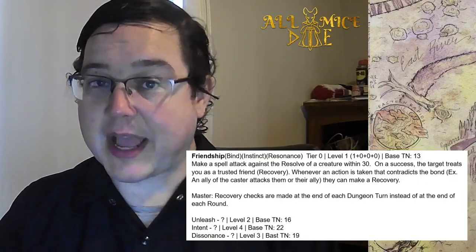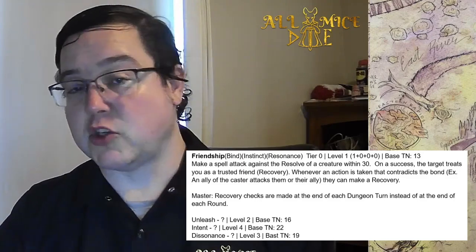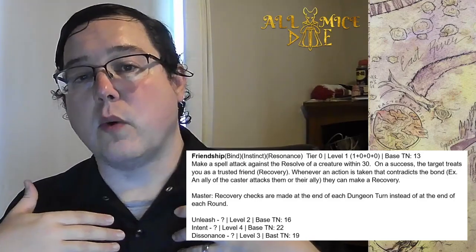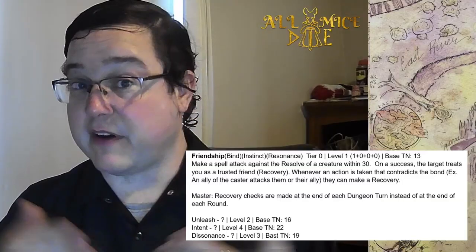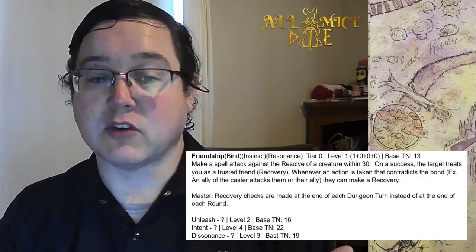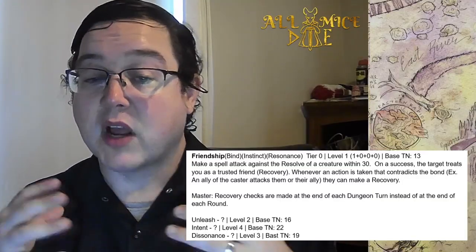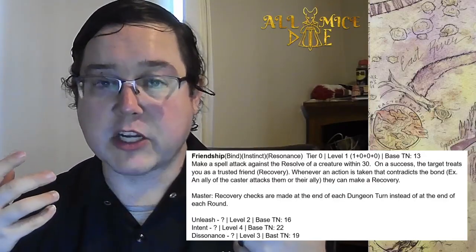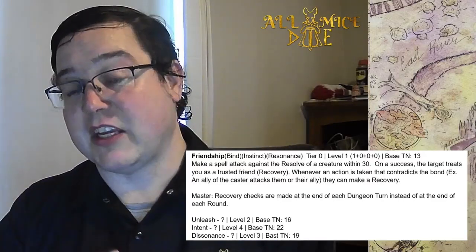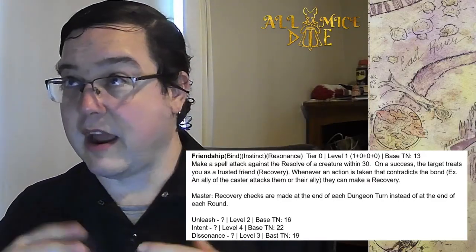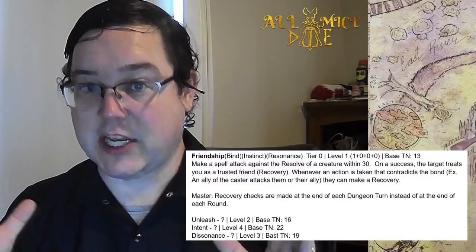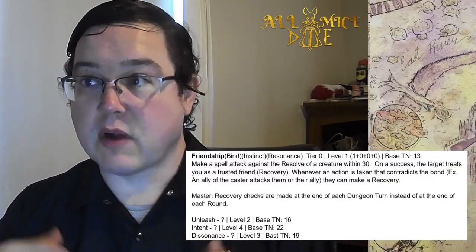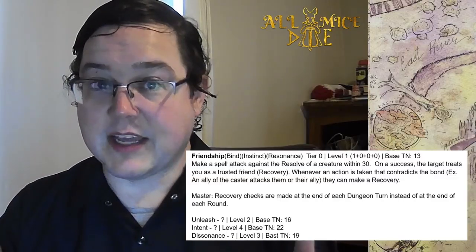And if you mastercast Friendship, which means you either have all of the keywords mastered, or you successfully cast the spell very well, you really critically succeed your spellcraft check, then recovery checks to get over this charm for Friendship, instead of being made at the end of each round, at the end of every 10-second interval, are instead made at the end of each dungeon turn, which is roughly a 30-minute interval.